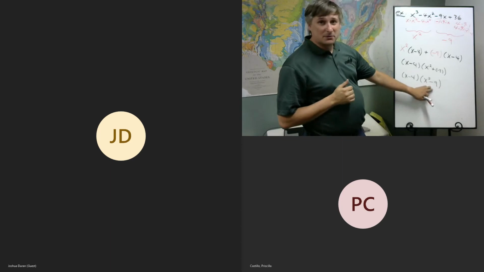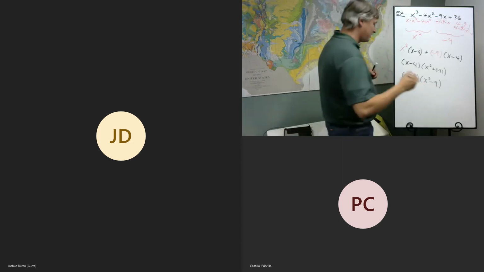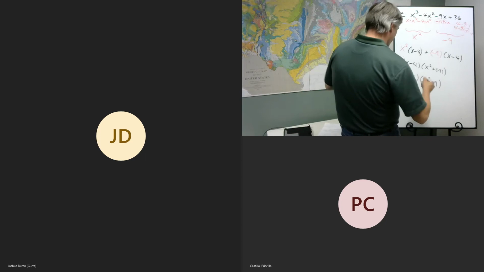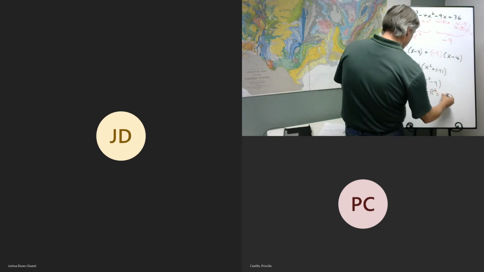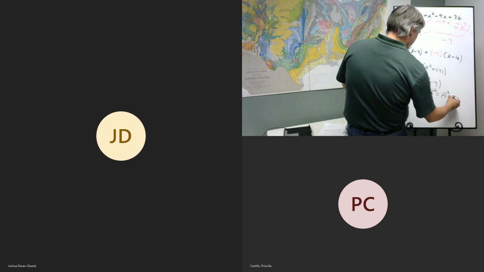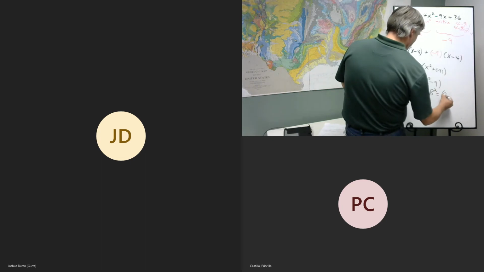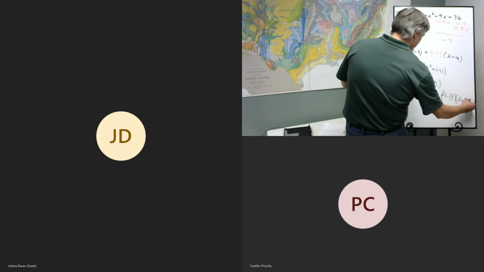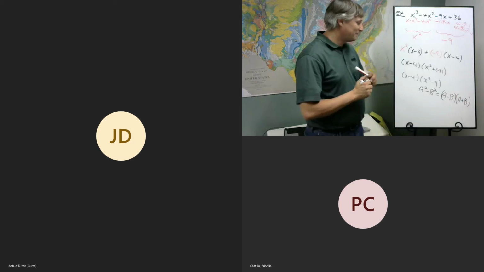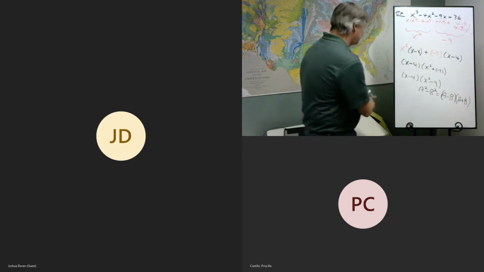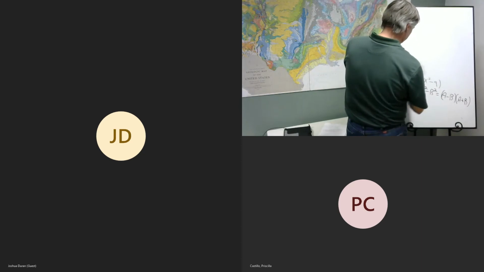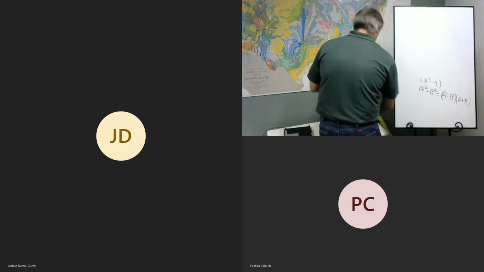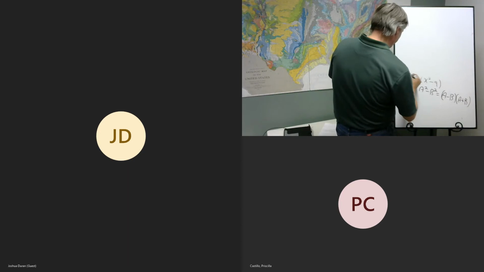So this is going to be a difference of squares, where we have a squared minus b squared, which is a minus b times a plus b. So just keep this here so we don't forget it.